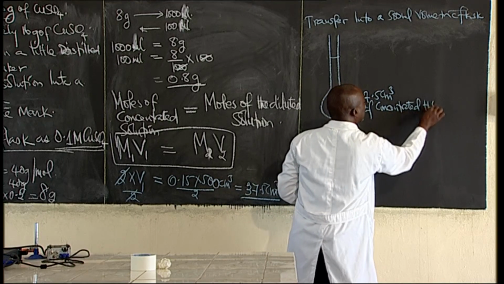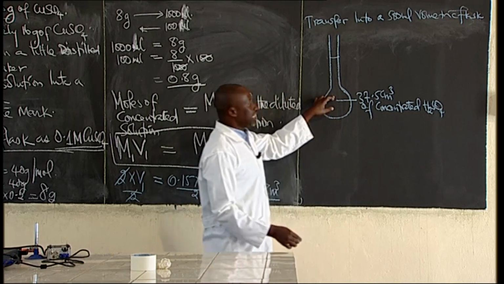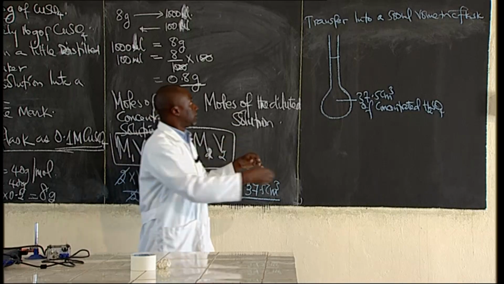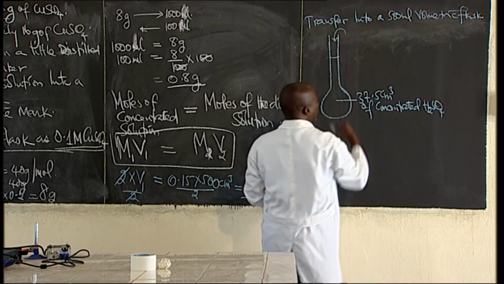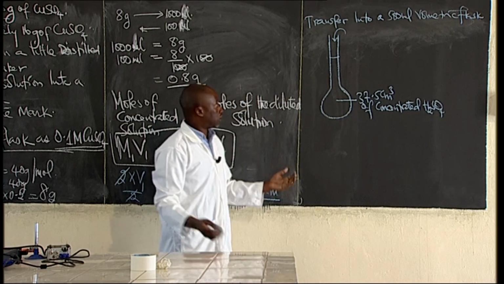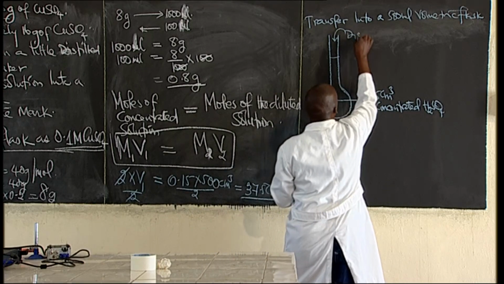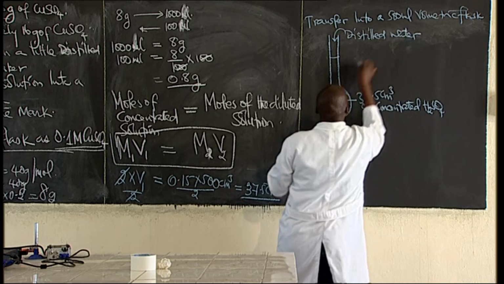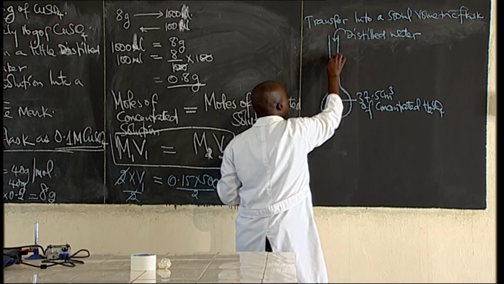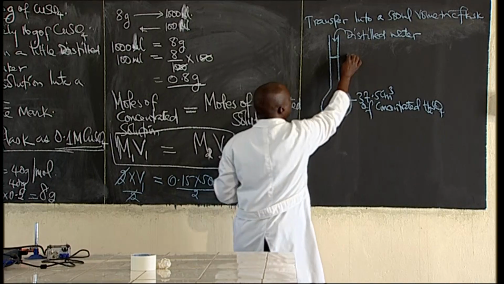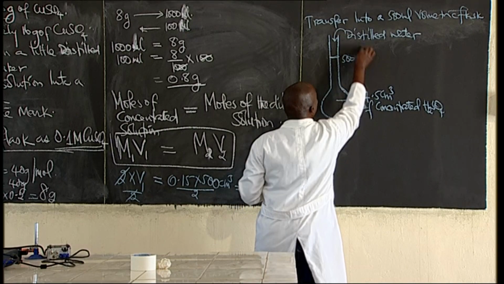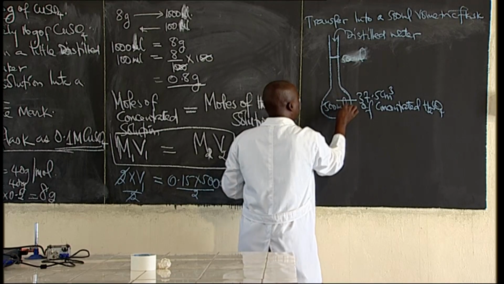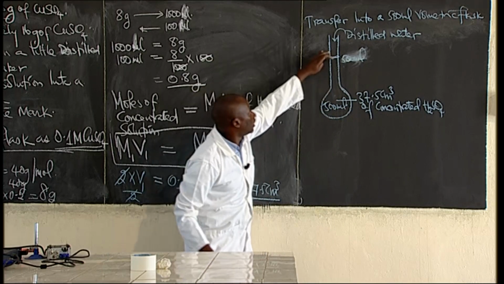Now, in this concentrated sulfuric acid that you have measured, fill the flask with distilled water. So you have to add distilled water up to this mark. You have to be very accurate. This is a 500 milliliter flask, so you fill it up to here.